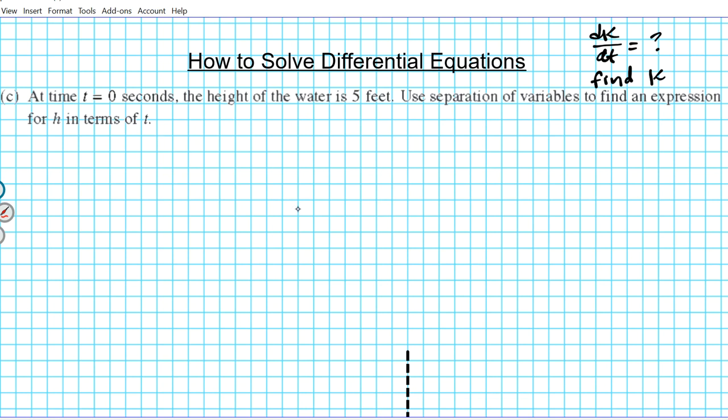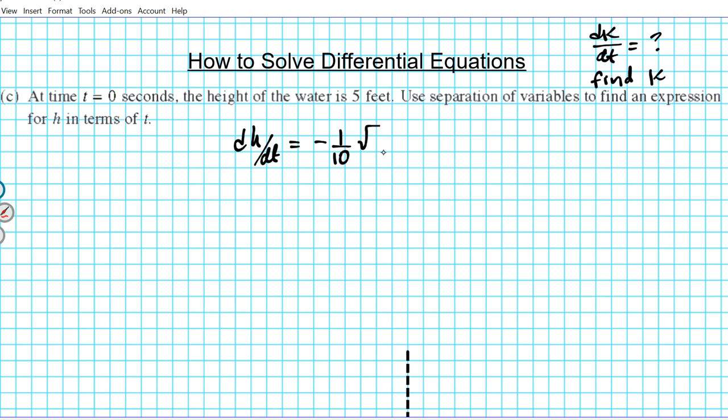So given a differential equation, let's write it down here. The differential equation under consideration, ladies and gentlemen, is dh/dt equals negative 1 over 10 root h.